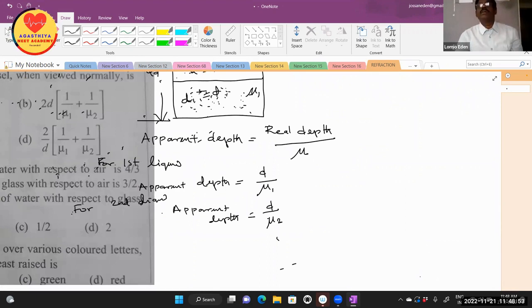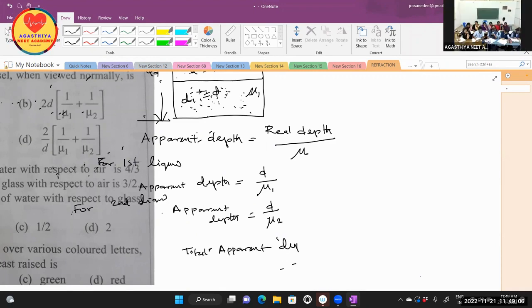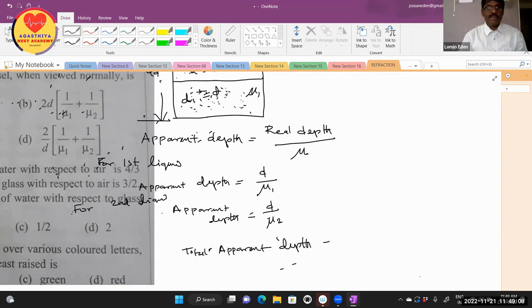Okay. Now let us add these two apparent depths. It will be the total depth. Therefore, the total apparent depth is equal to D divided by mu1 plus D divided by mu2.